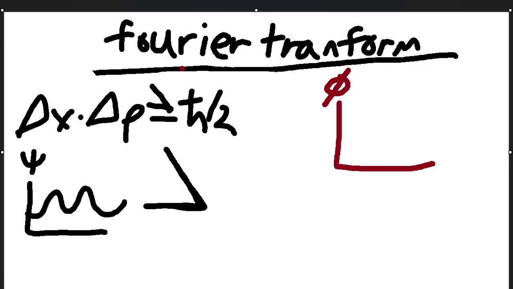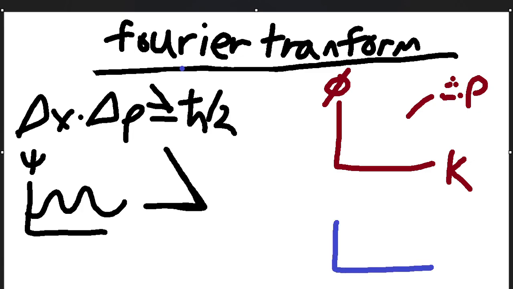You might say I'm using lots of phis. There's a reason for that, but I won't get into that in a minute. With respect to k, let's say that this has something to do with the momentum. We shall also have another one, call it psi with respect to x. Let's say this has a lot to do with delta x.